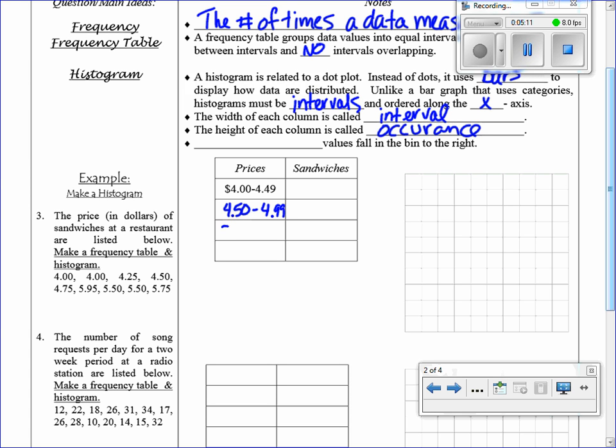And then I'm going to go from 5 to 5.49. And then finally 5.50 to 6. All right, so these are going to be my intervals. And that's dollars, of course.